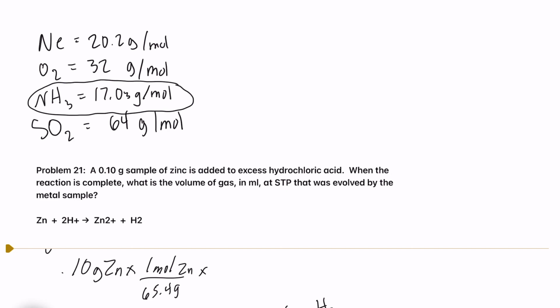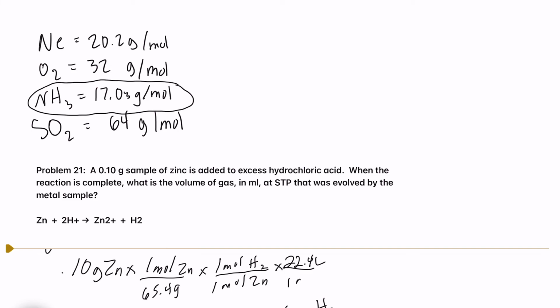So we do our mole to mole ratio, and we're going to end up with 1 mole of zinc per 1 mole of H2. And since I'm being asked for the volume of gas in milliliters, I need to get out of moles of H2 and into liters.